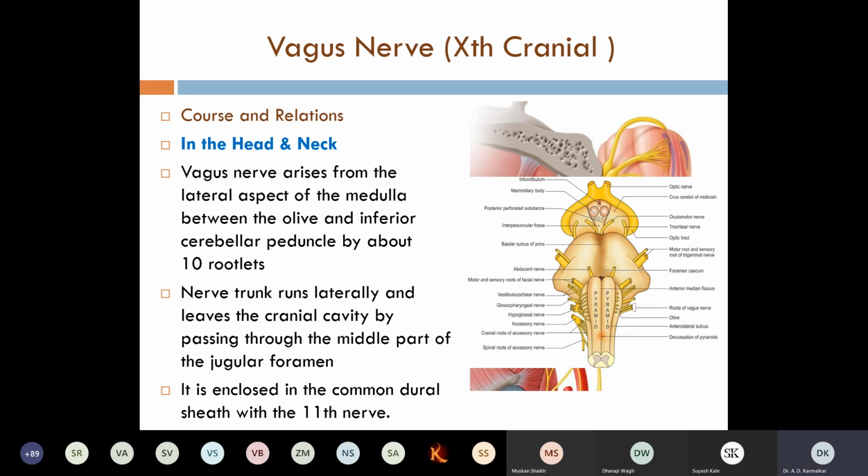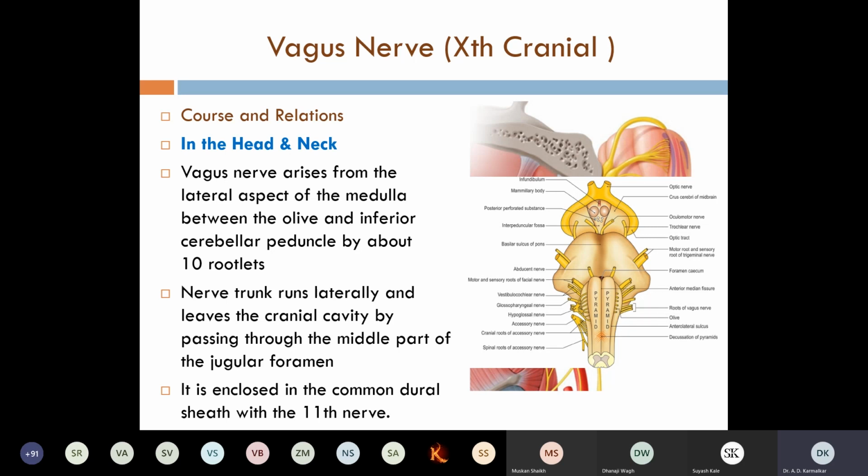If you see, these rootlets join together and come out, and you can see there is a superior ganglion and inferior ganglion just coming out of the foramen, and there is a green structure showing the general somatic afferent fibers which go to the auricle here.